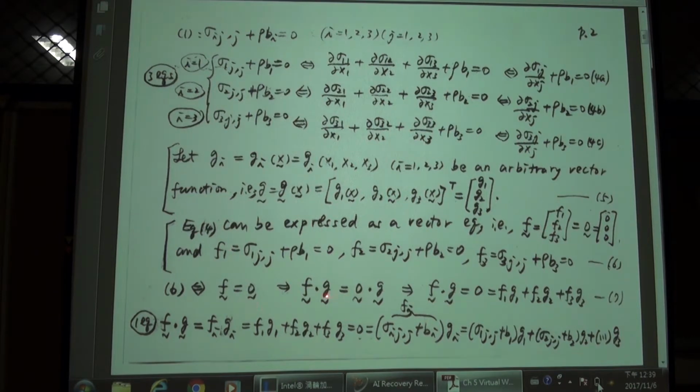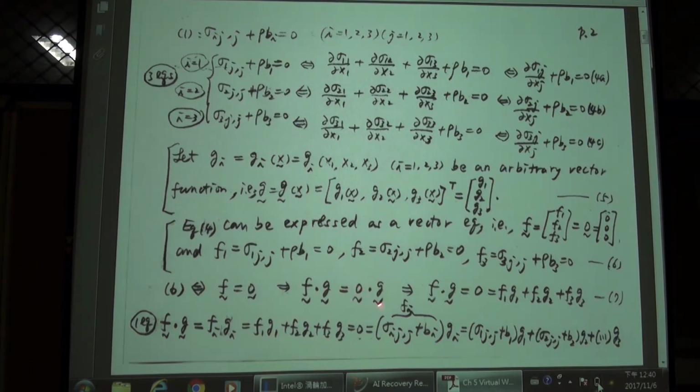And then we can carry out the inner product between the vector F and G. G, remember, is the arbitrary vector function, okay? We have F equals 0, and then we apply the arbitrary function G at the left-hand side and the right-hand side of the equation at the same time, so the equality still holds, okay?